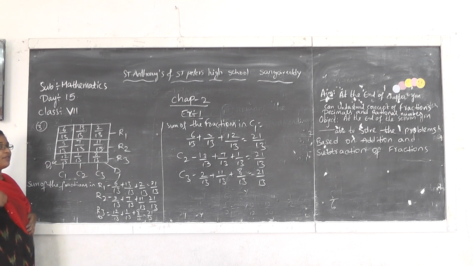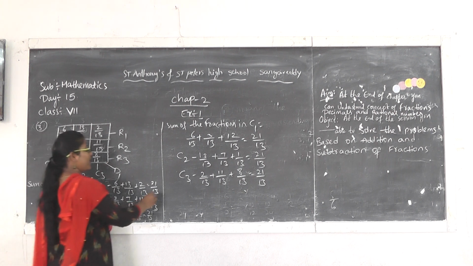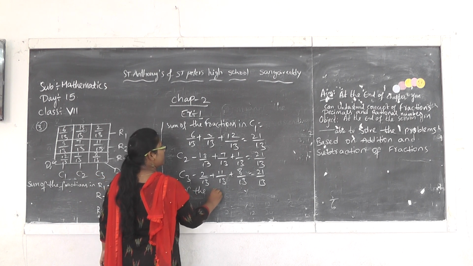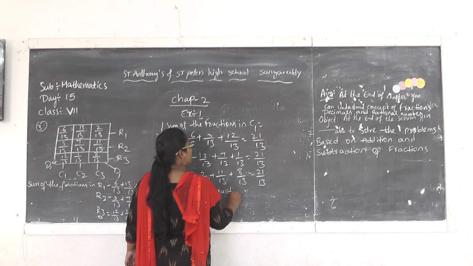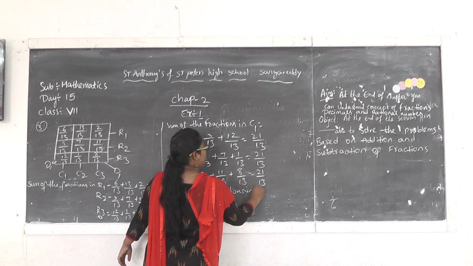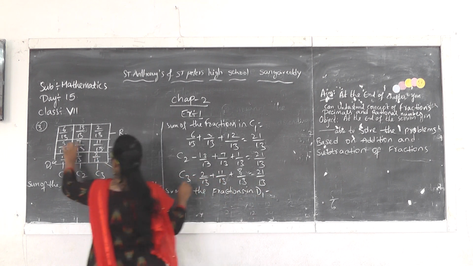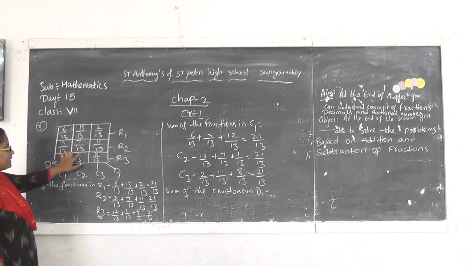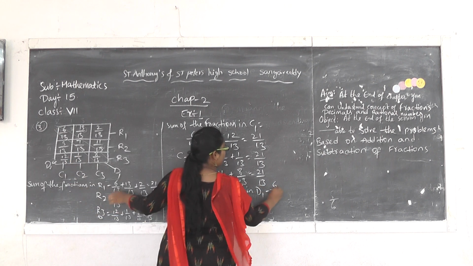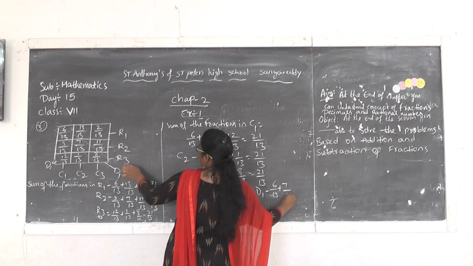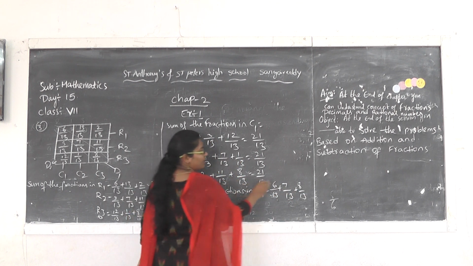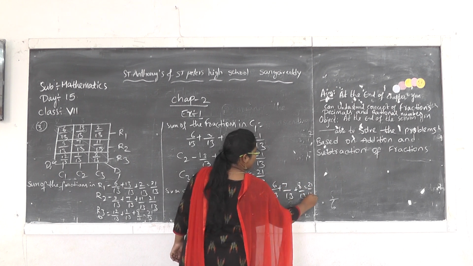Now what we have to do? We have to add diagonally. Sum of the fractions in diagonal 1. So we consider this as diagonal 1. 6 by 13 plus 7 by 13 plus 8 by 13. 6 plus 7, 13, 13 plus 8, 21 by 13.